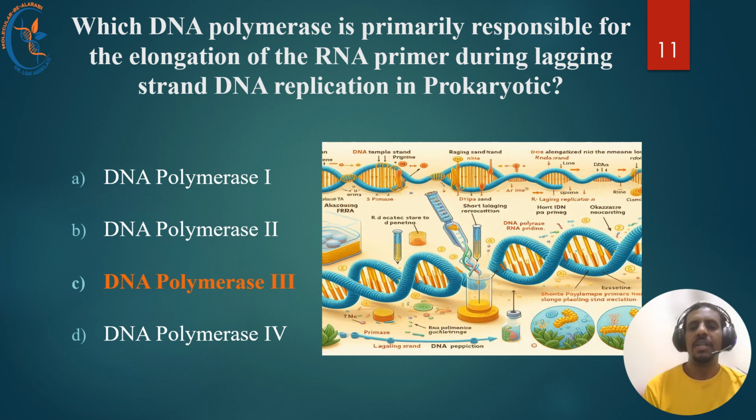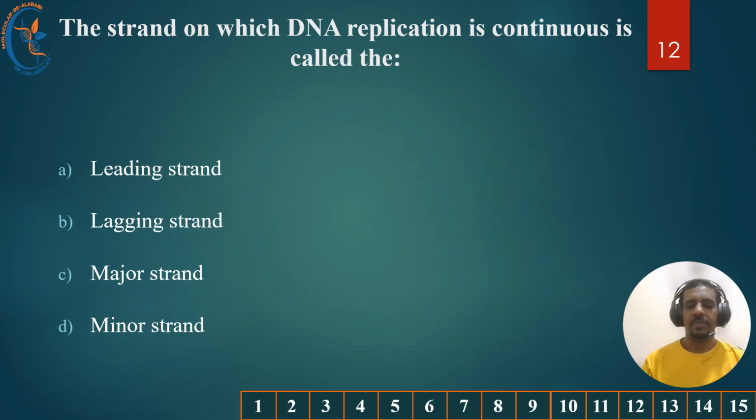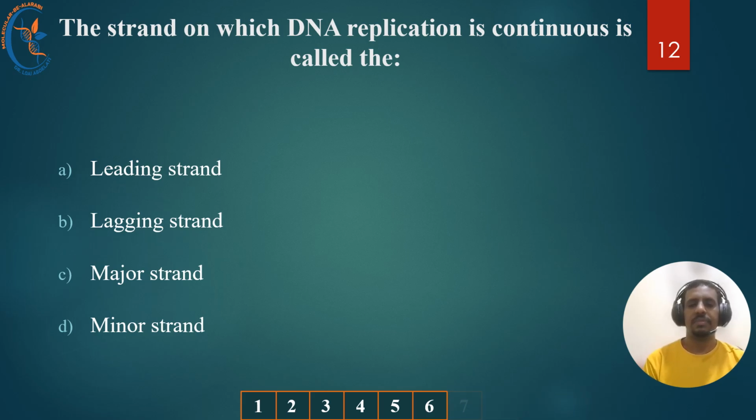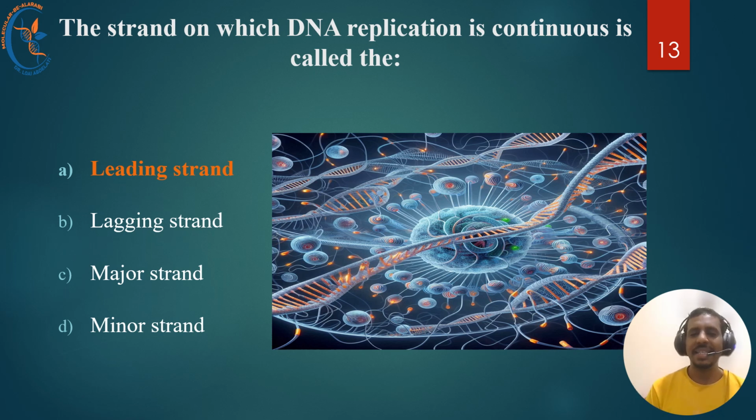Let's move on. The question here is: the strand on which DNA replication is continuous is called the what? The correct answer is leading strand.